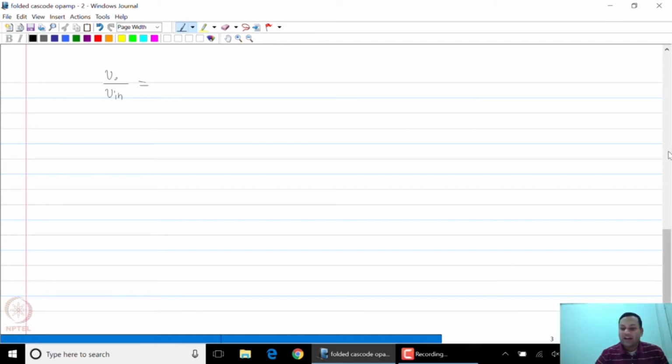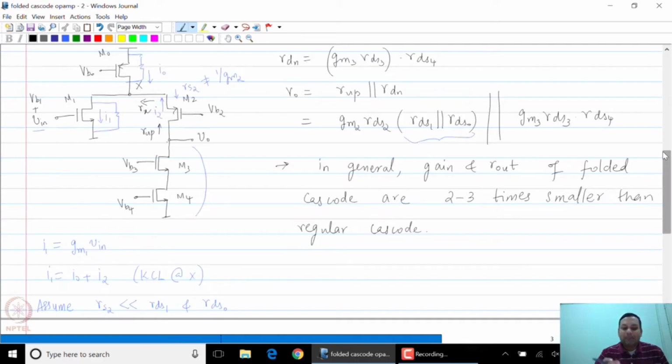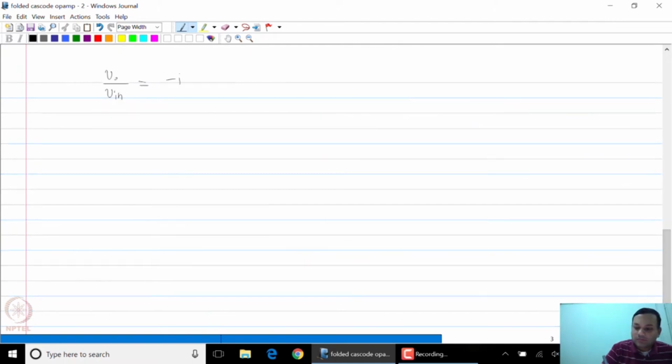So the output voltage is minus I1 times R out. So this is minus GM1 R out times V in.